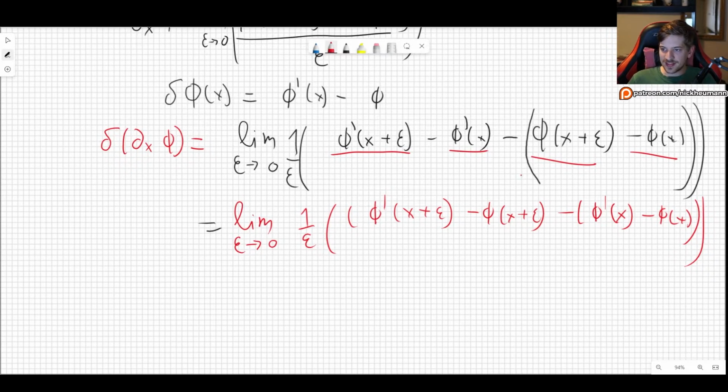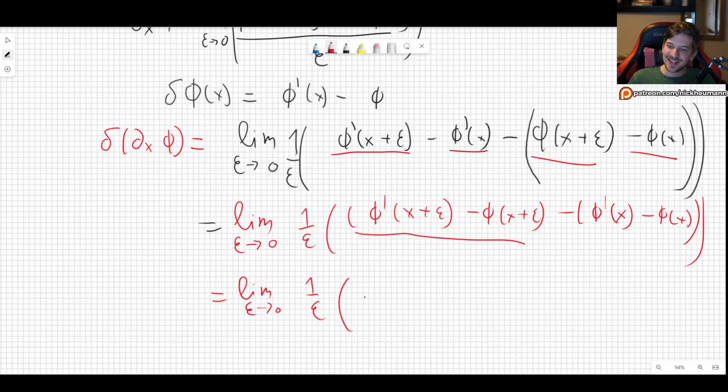You can see that this is simply the definition of the variations, what we have inside. And this is simply the variation of phi of x plus epsilon. And then we have minus, that minus sign right there, the variation of phi of x.